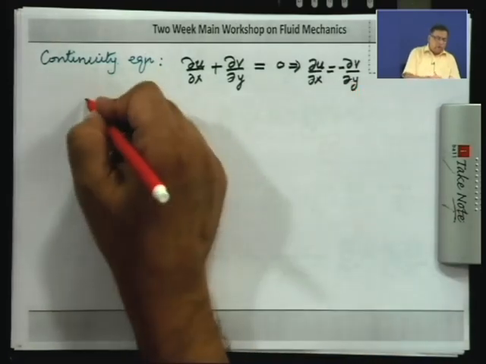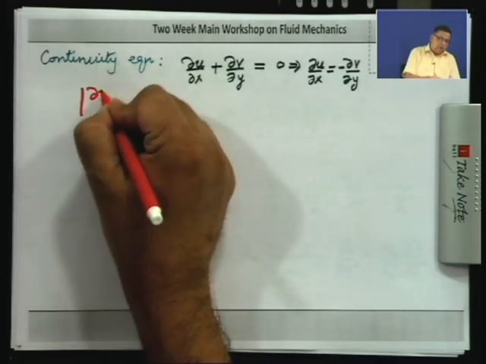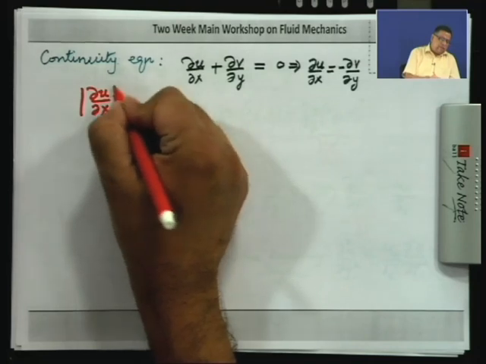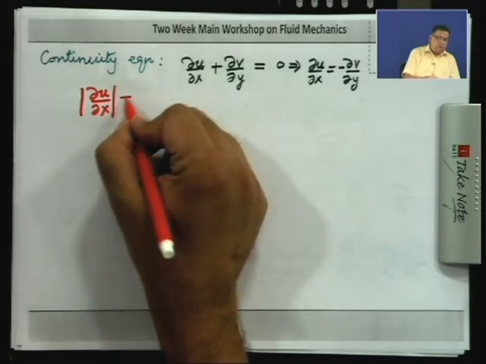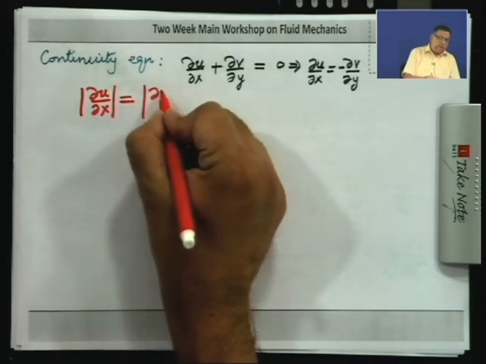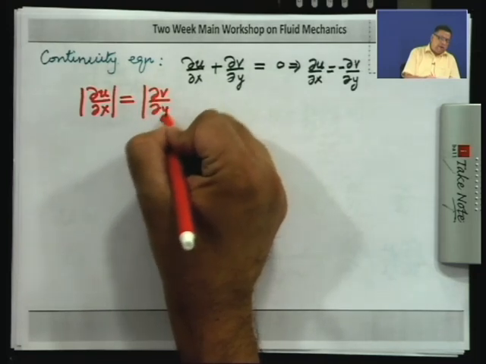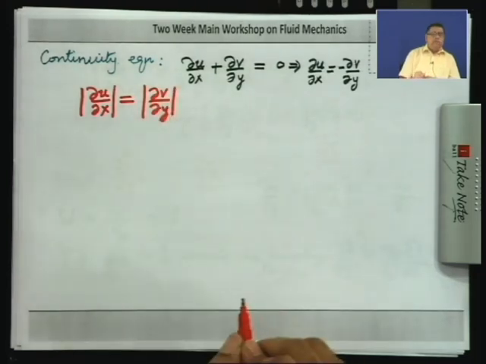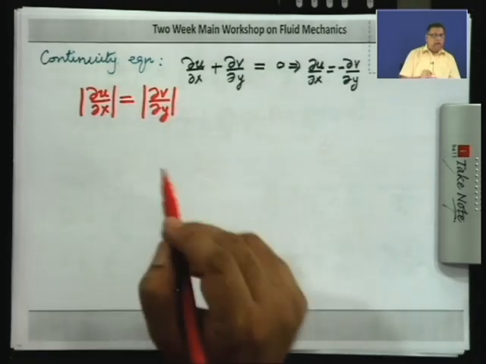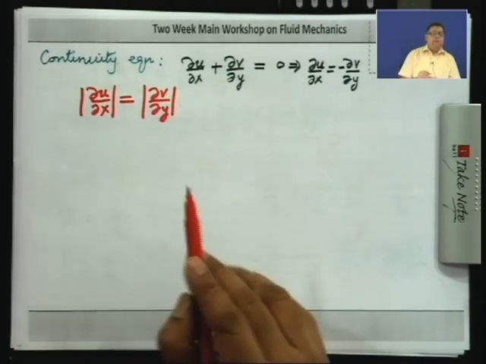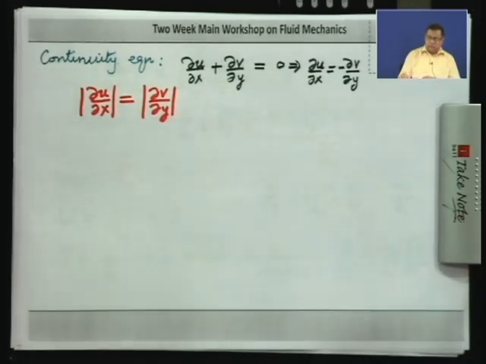In other words, the magnitude of del u del x, if I take the absolute value, will be the same as the magnitude of del v del y. So, this means that these two terms del u del x and del v del y in the equation must be of the same order of magnitude. So, this will help us in finding what is the magnitude of v.